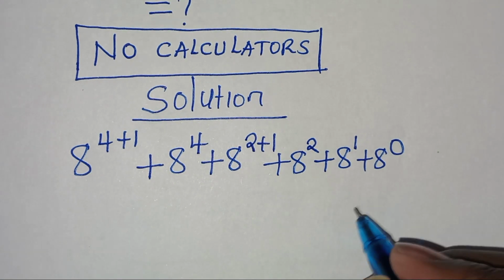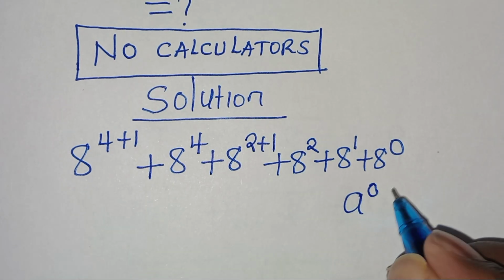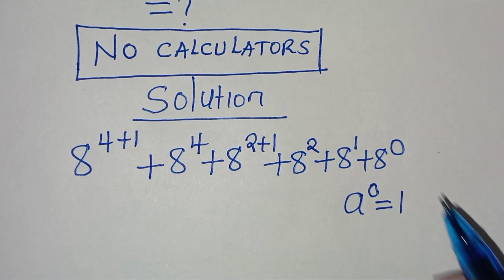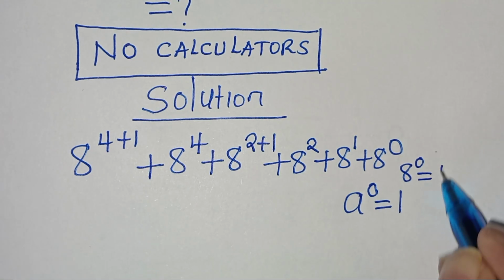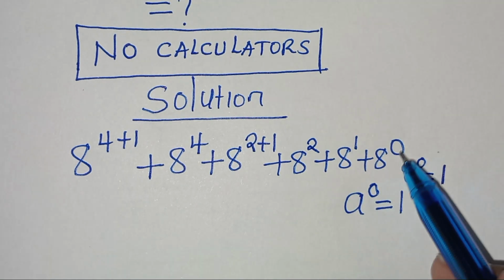Now we have that a to the power of 0 is the same thing as 1. So 8 to the power of 0 is 1, so we substitute 1 here.